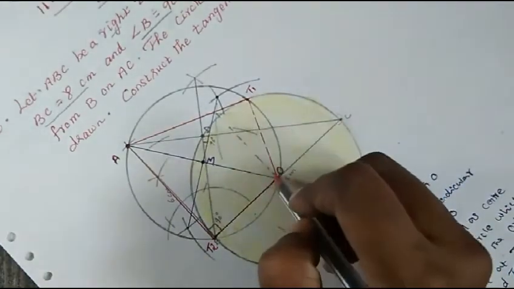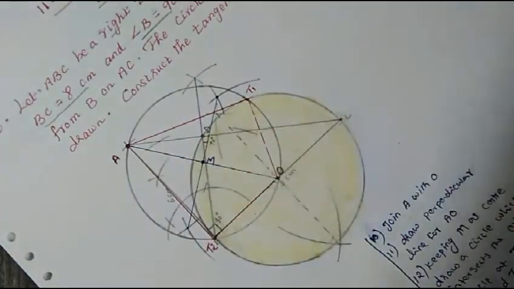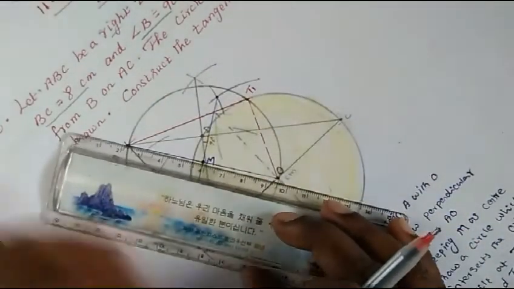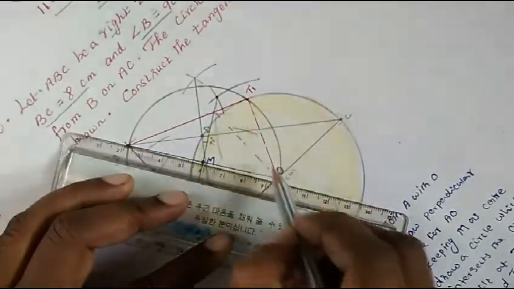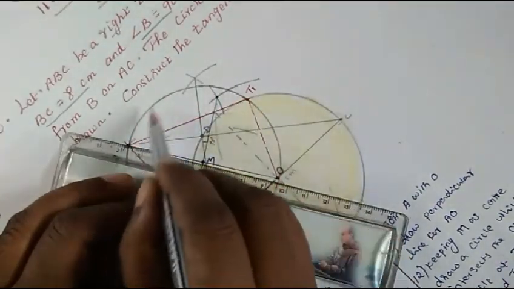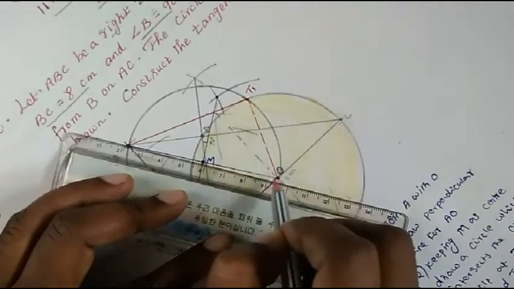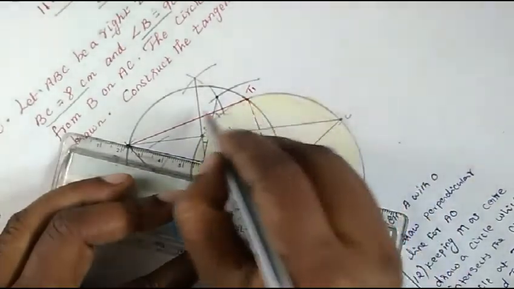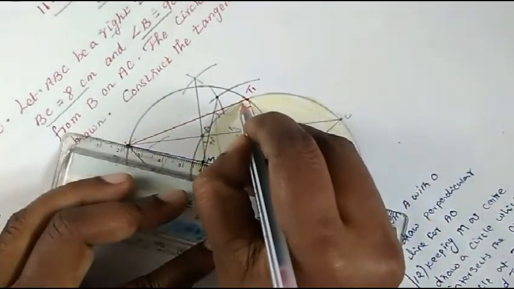So this becomes the triangle on this semicircle. An angle is formed, and any angle formed on the semicircle will be 90 degree.